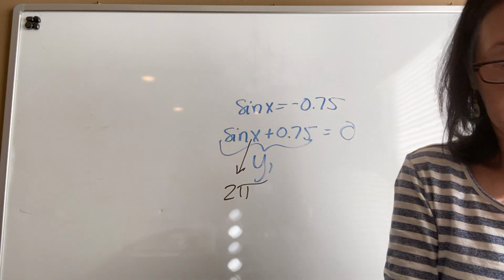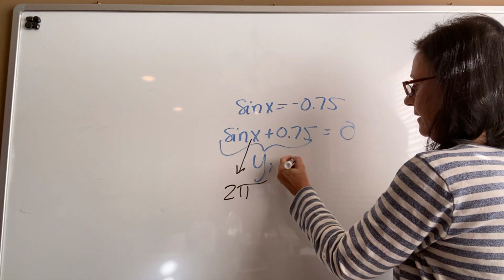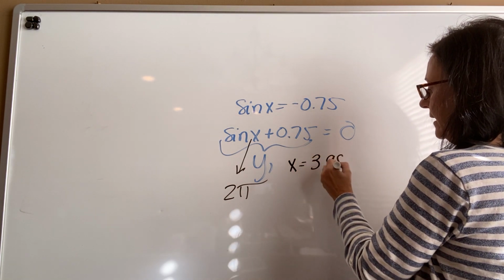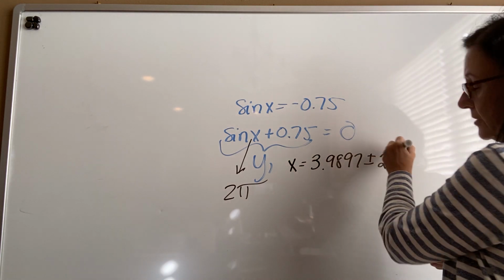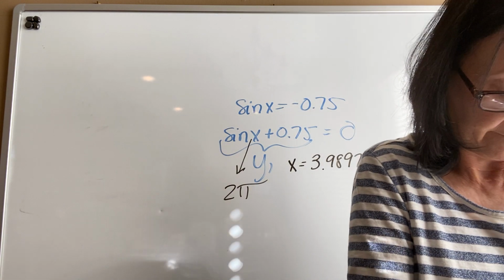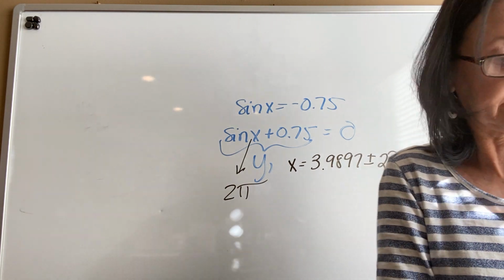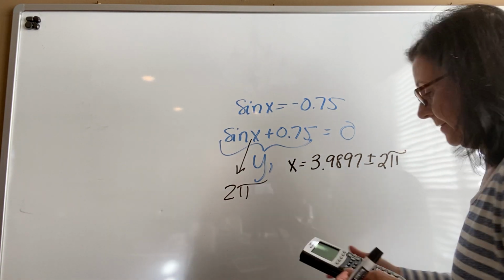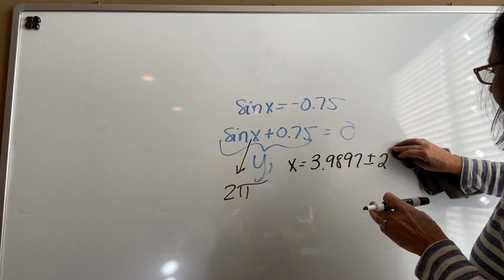X is 3.9897 plus and minus 2 pi, because that's our period, 2 pi. Or 2k pi. Why do I write the k?